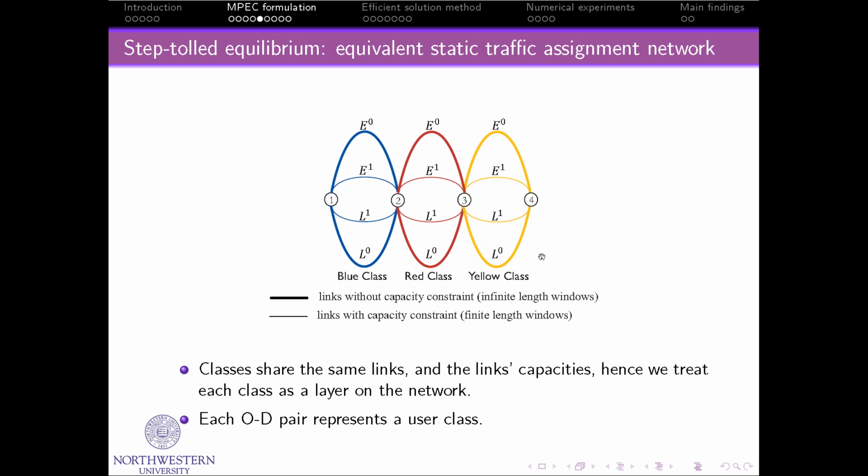And for the other 3 links, it's the same. So each OD pair now represents a user class. So using this equivalent static assignment network, we've already transformed the dynamic traffic assignment problem into a static traffic assignment problem.